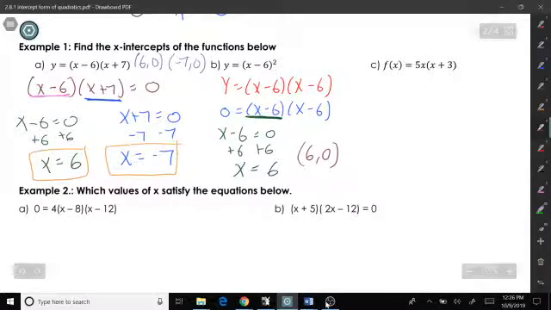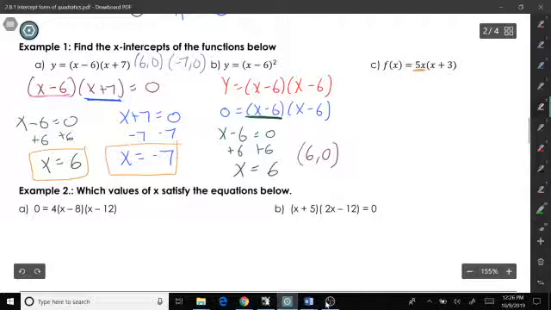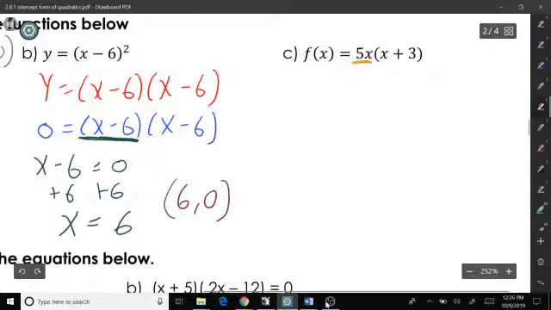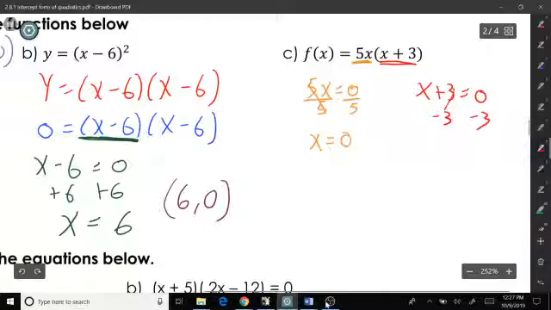Now, letter C, there's no parenthesis here, okay? But there's an x. So that means we're going to set that equal to 0. So we're going to have 5x equals 0, and x plus 3 equals 0. Well, if we divide both sides by 5, x equals 0, minus 3, x equals negative 3.